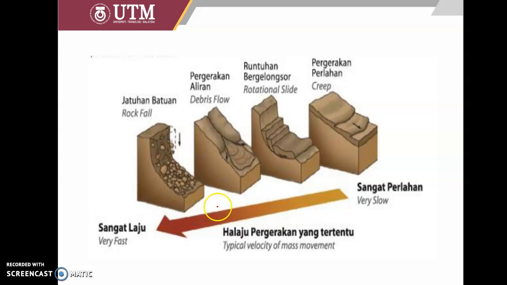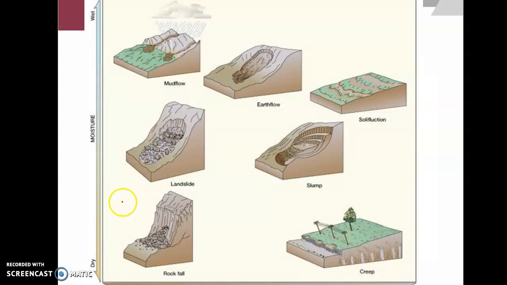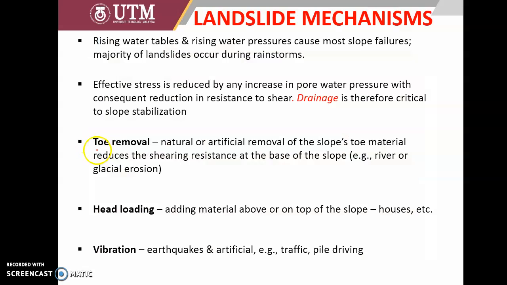And this is the rate of the flow from very slow to very fast. Alright, so the landslide mechanism is very similar most of the time. First, we can have a rising water table, so rising pressure.